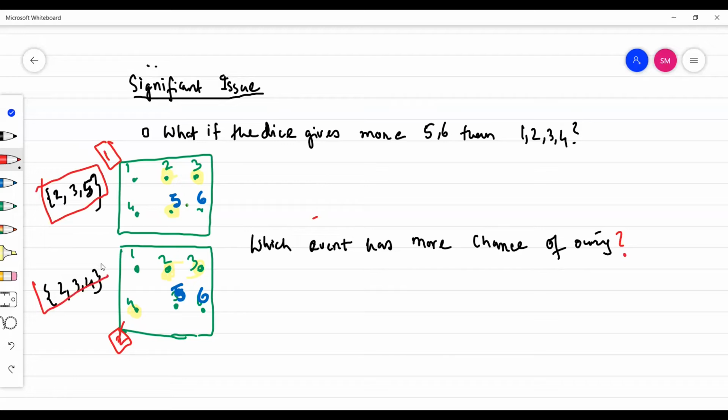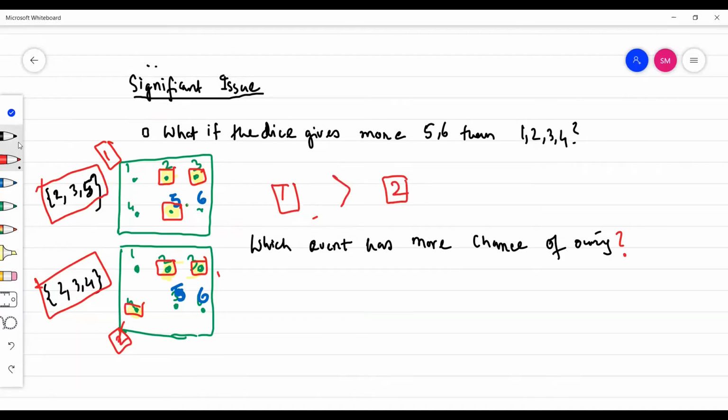In 2, 3, 5, the event with 5 has more chance. Together, in a combined format, the first event has more chance of occurring. Why? Because 5 occurs more times than the others.